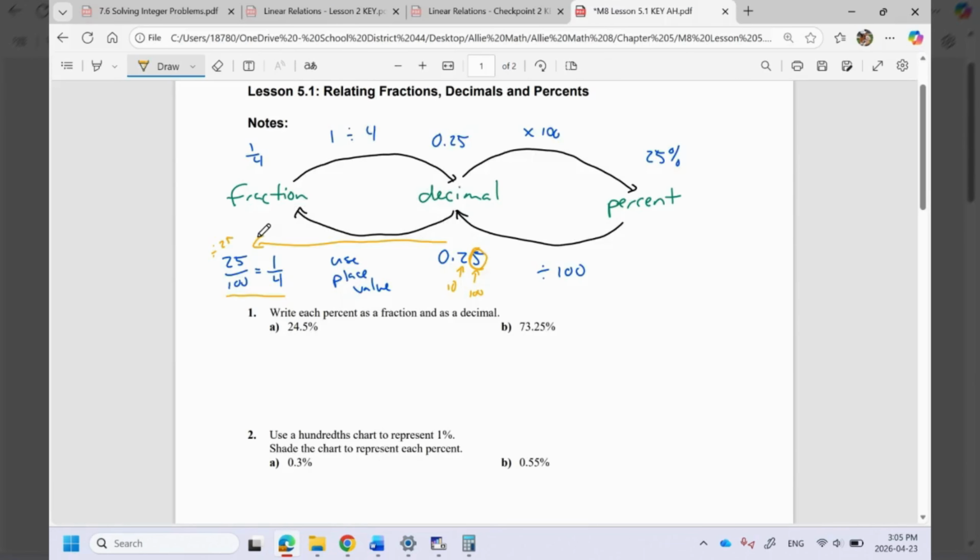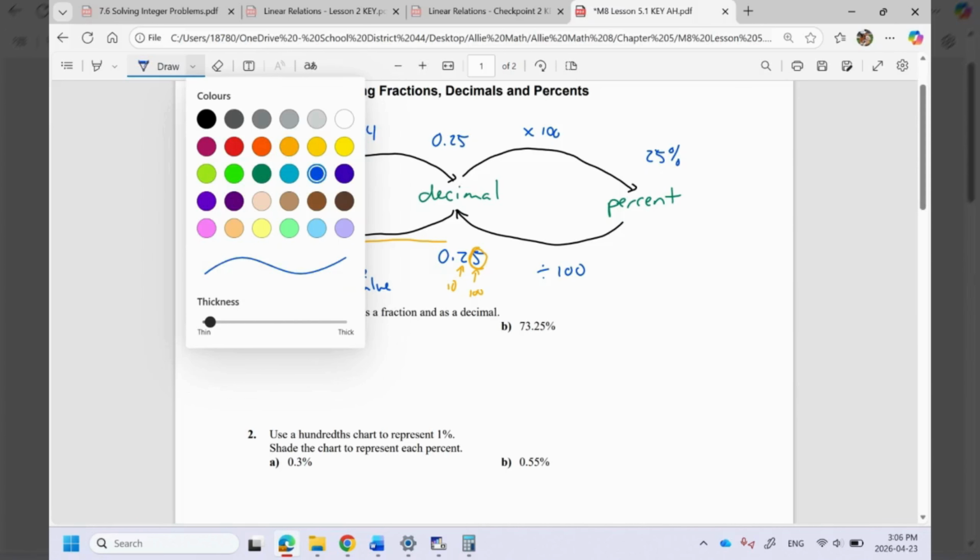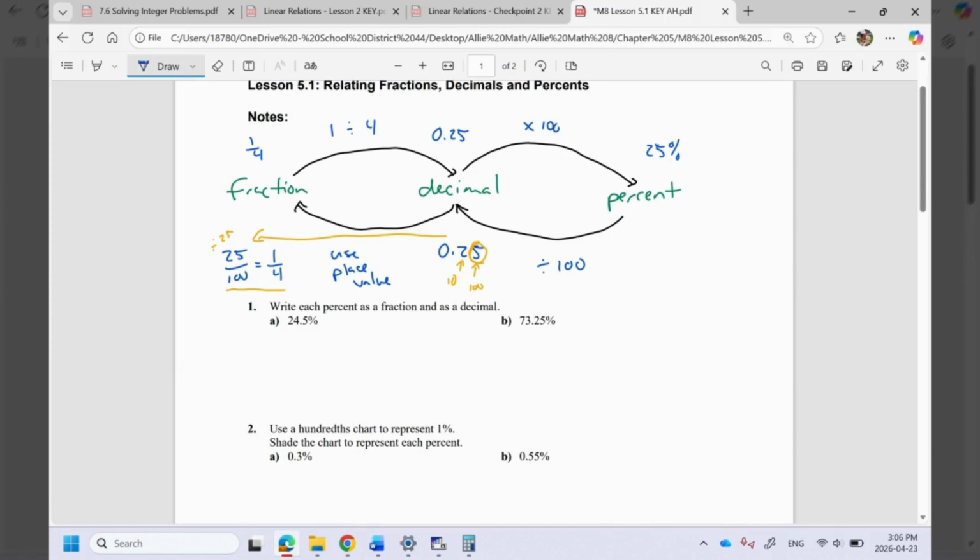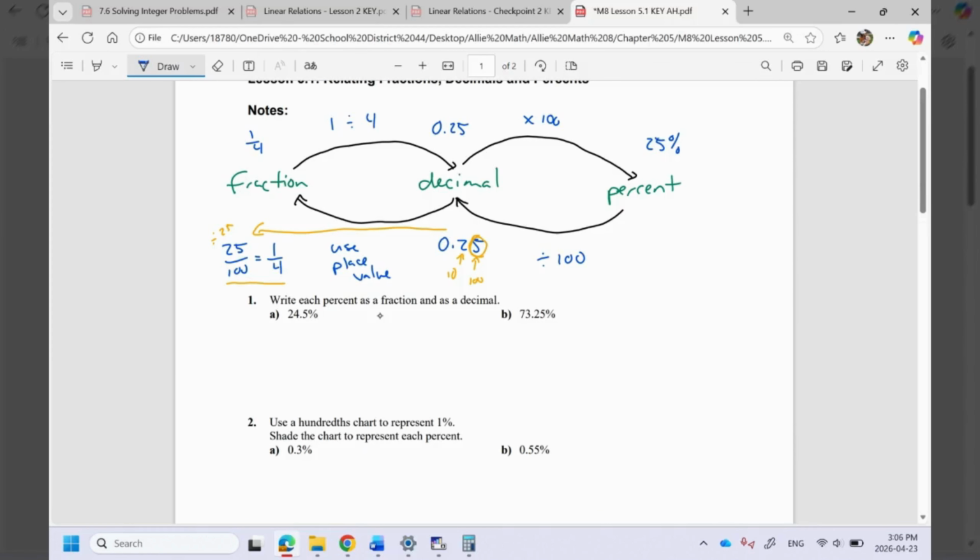So let's try some of these. We can use our initial diagram to move between the spots. If you need some more time here, let me know and I can pause the video. But let's tackle these first ones. Write each percent as a fraction and as a decimal. They don't tell us what order to go in.